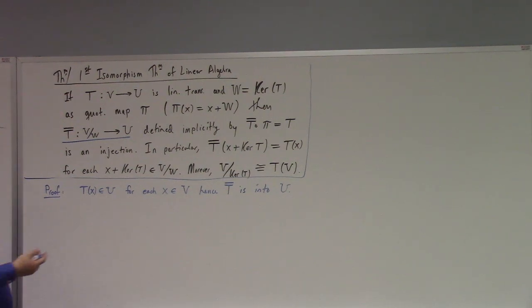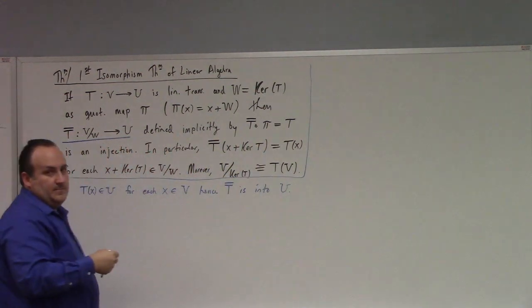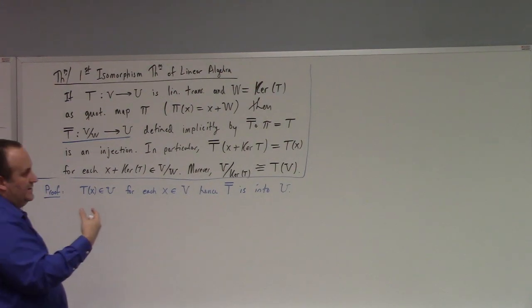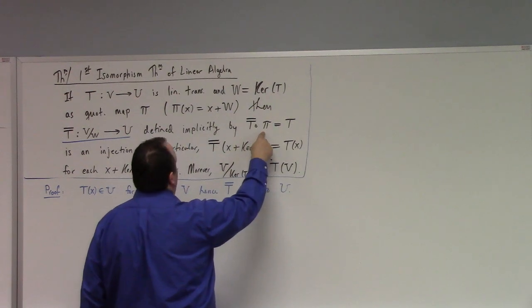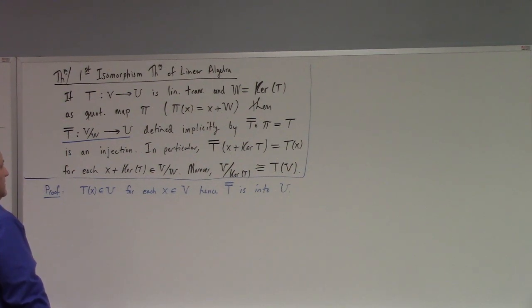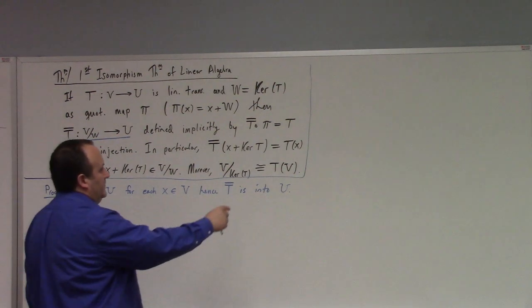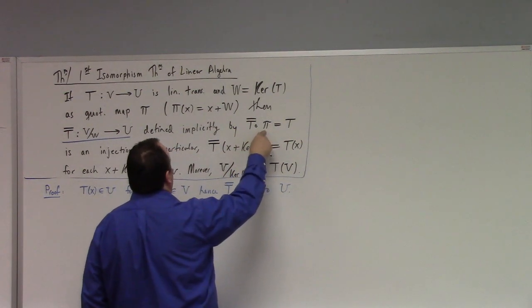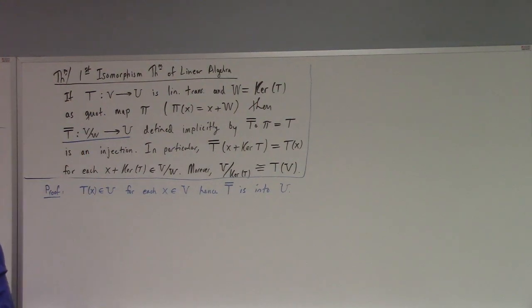Well, t bar is defined by t bar composed with pi equals t. So I plug x in here, I get pi of x. Pi of x is x plus w, but that's supposed to be equal to t of x. Well, t of x is in u, so the output is appropriate. Like I said, I'm going to say stupid stuff today, so let's go on before I say something stupider.